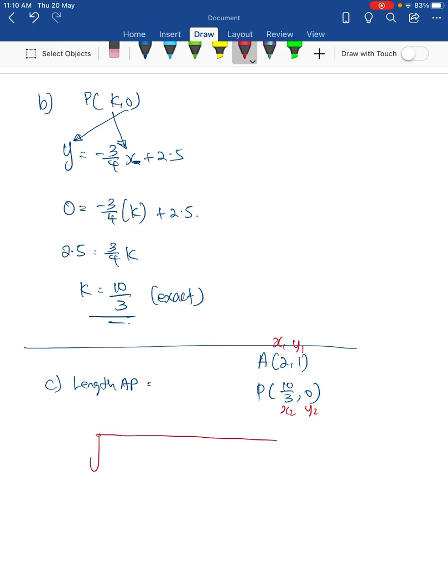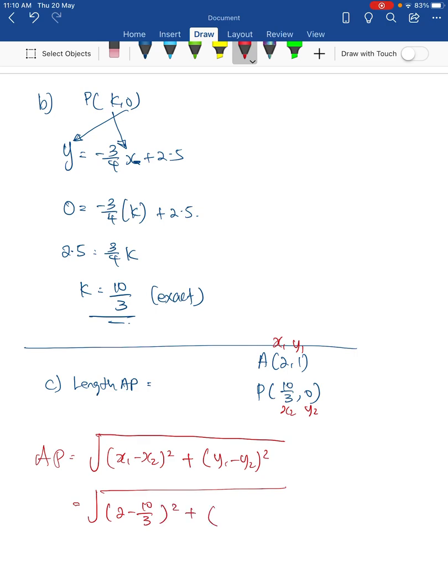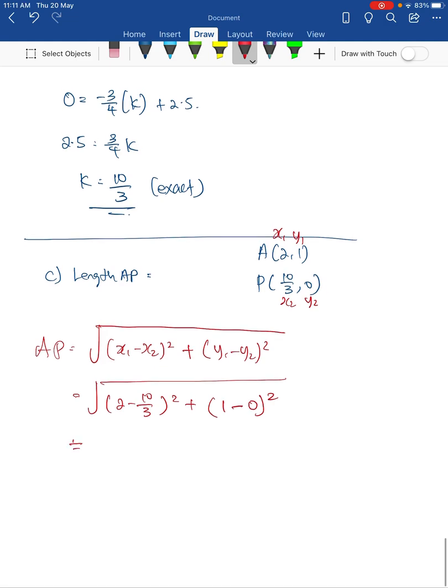The formula is the square root of x1 minus x2 squared plus y1 minus y2 squared. So x1 is 2 minus 10 over 3 squared, plus y1 is 1 minus 0 squared. That should give us the answer.